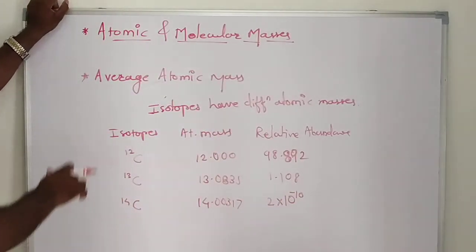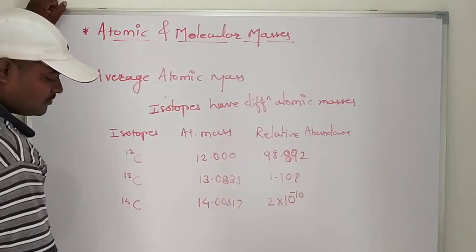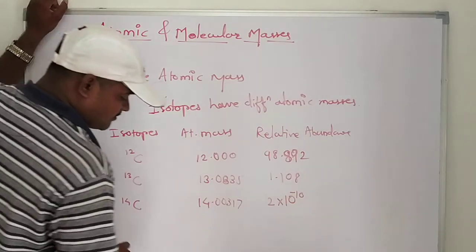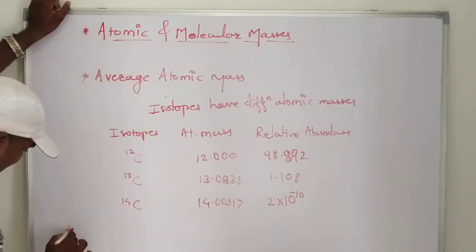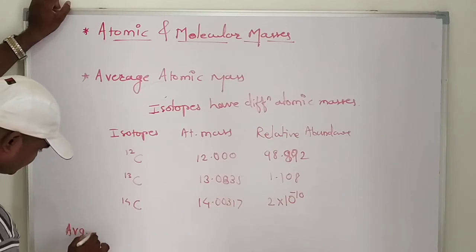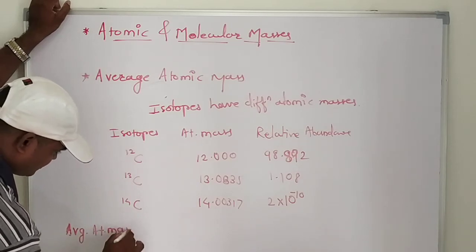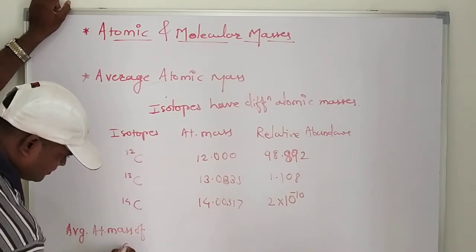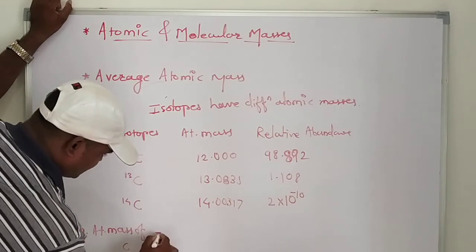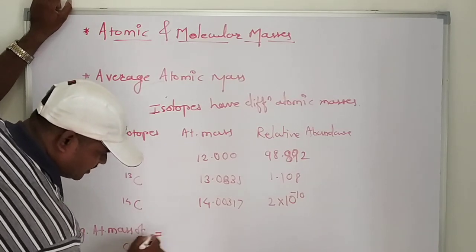So students, with the help of this data we can calculate the average atomic mass of carbon. This is a very important concept. How is this average atomic mass calculated?